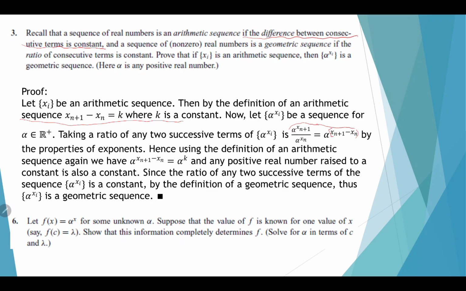From the properties of exponents, we've already shown that this exponent minus this exponent is the same as this, and it's equal to k.